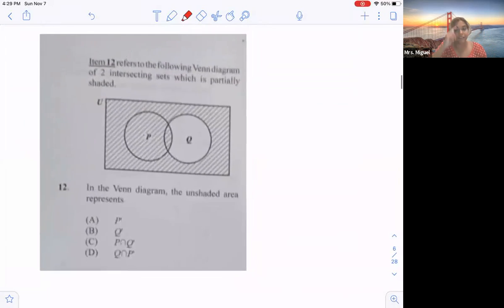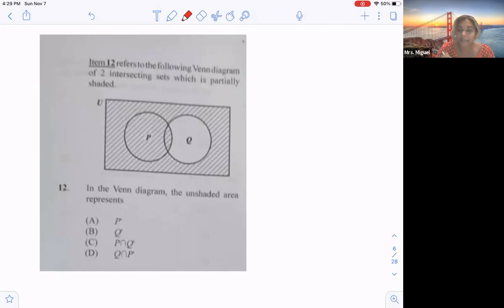Number 12, in the Venn diagram, the shaded region represents. So look at the Venn diagram. We have P shaded and everything outside, and we have Q. Now, P shaded and everything outside, but Q. So this represents P intersect Q complement.